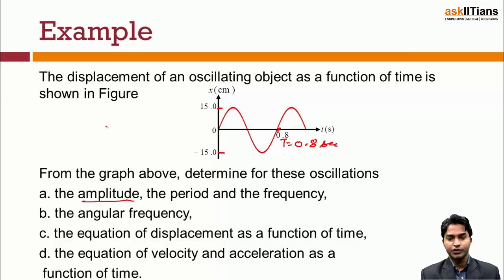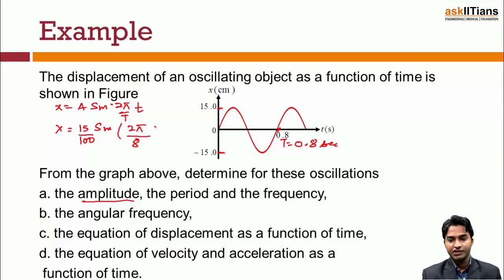So we can say amplitude means writing this equation that x is equal to a sine of 2 pi by capital T into t, or we can say x is equal to 15 upon 100 meter into sine of 2 pi upon 8 into t.